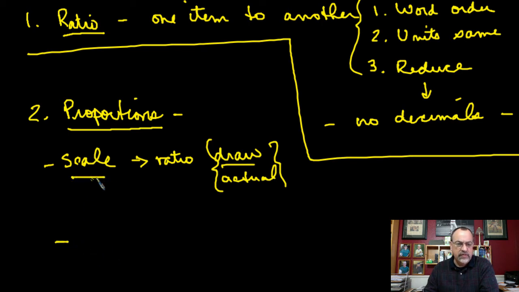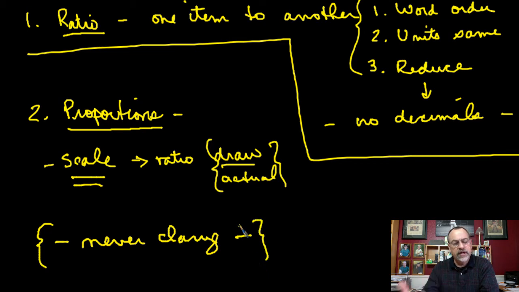Before I go to that example, though, there's one other thing I wanted to mention: when you're given a scale, you never change the scale. Okay? You never reduce it, you don't change the units, you don't do any of that. When you're going to use a scale to determine the length of something either in real life or the length of something that you're going to draw, the scale is a ratio, and you're going to use that to determine other lengths.